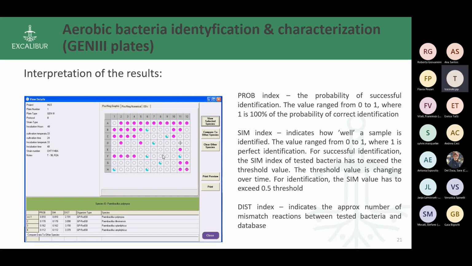White is no reaction. Violet color means the microorganism metabolizes some compounds, and white and blue color is the borderline reaction. This reaction is very weak.